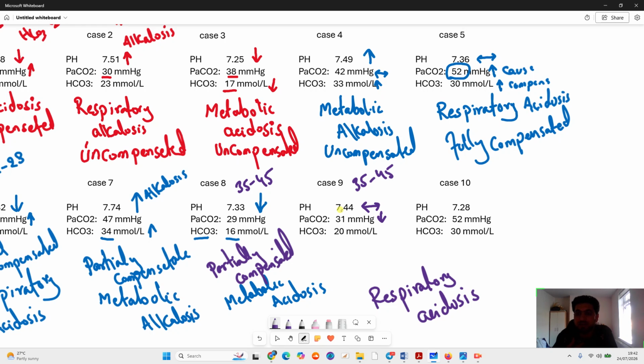But look here, why am I saying acidosis if the pH is normal? So how can I say that? Look at the bicarbonate. The bicarbonate level is 20. It means it's less than 22. So the kidney system compensated the condition completely, and the kidney maintained the pH in a normal range.